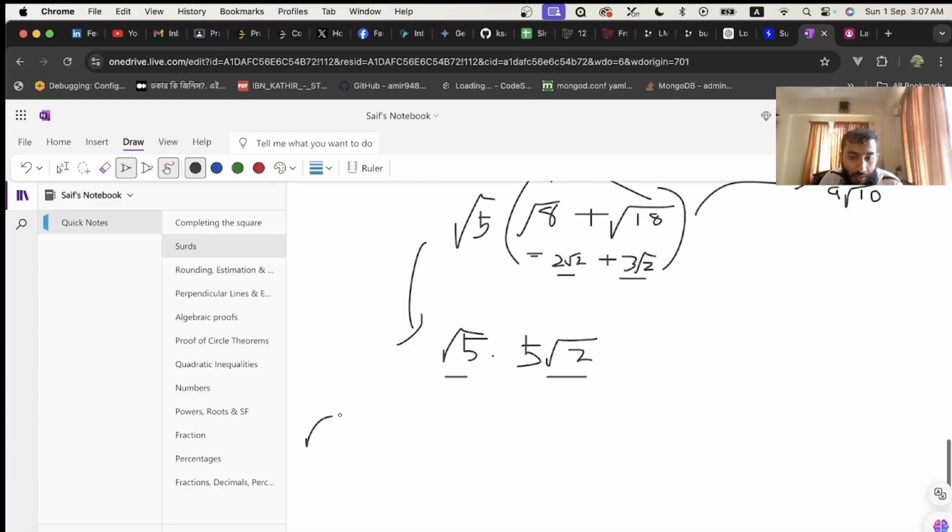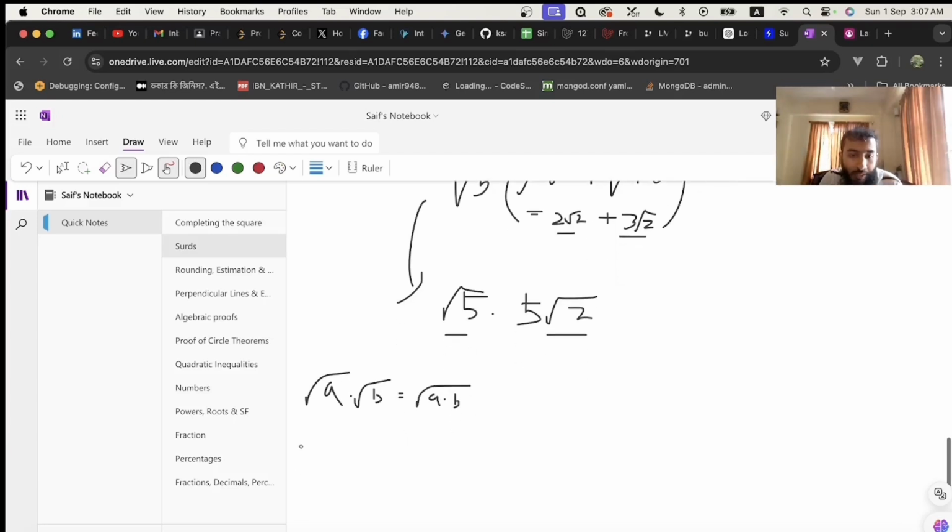So we know that root a multiplied by root b can be expressed as root of a multiplied by b. So root 5 multiplied by root 2 can be expressed as root 5 multiplied by 2, which is root 10.